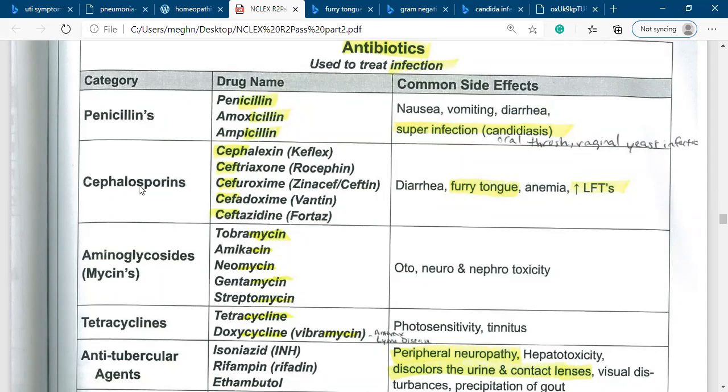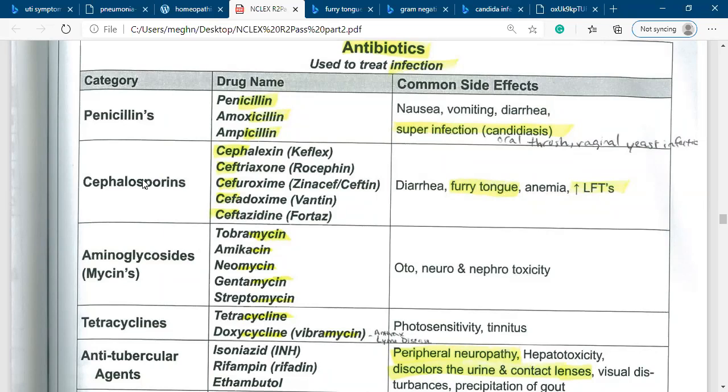Cephalosporin can cause allergic reaction, same as penicillin. Allergic reaction means the patient develops dyspnea, meaning shortness of breath or difficulty breathing, or skin rash.